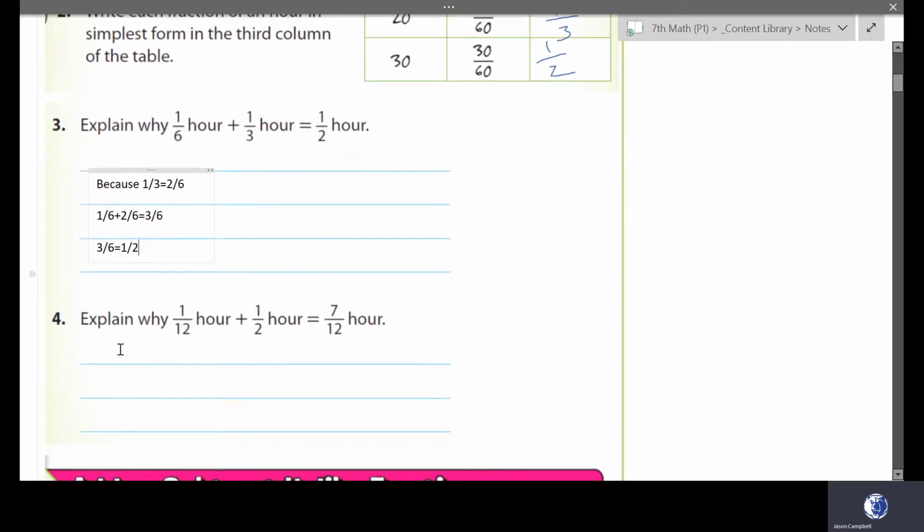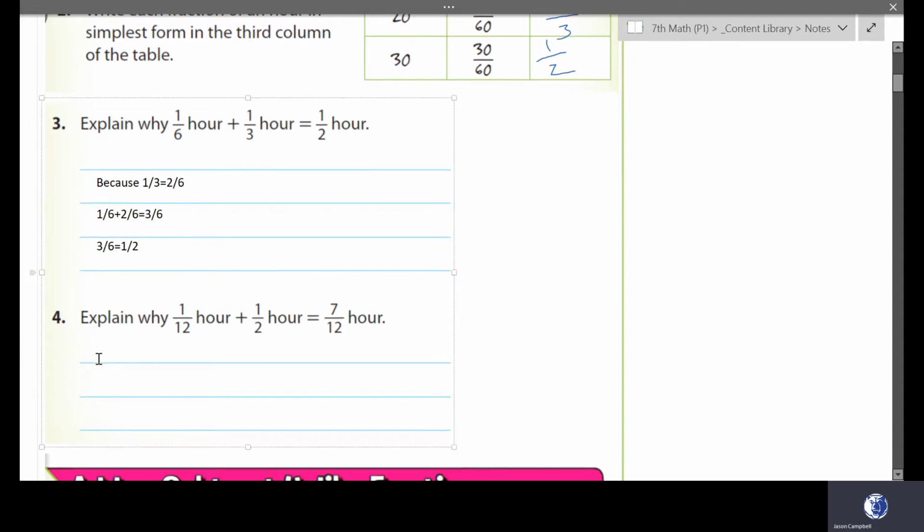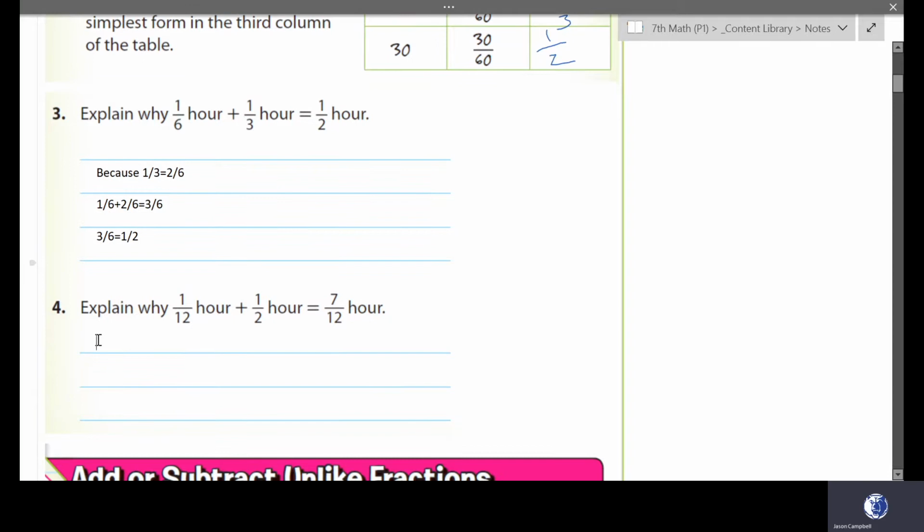Number 4 says explain why 1/12 of an hour plus 1/2 of an hour is equal to 7/12 of an hour. Well, same thing. We can say that 1/2 is equal to 0.5, but it's also equal to 6 over 12.